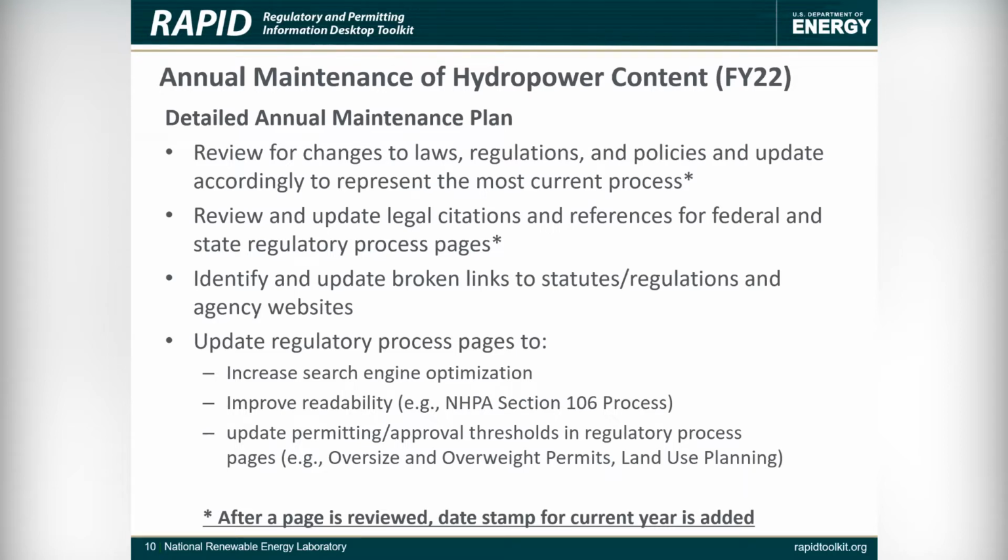We've also tried to improve readability, and make sure that any of our permitting and approval thresholds are accurate. After each page is reviewed, we date stamp it for the current year, so that it would show, for example, current as of 2021 or 2022. So a user can at least see when we last updated that page if they're unsure whether a new regulation or statute has been included.